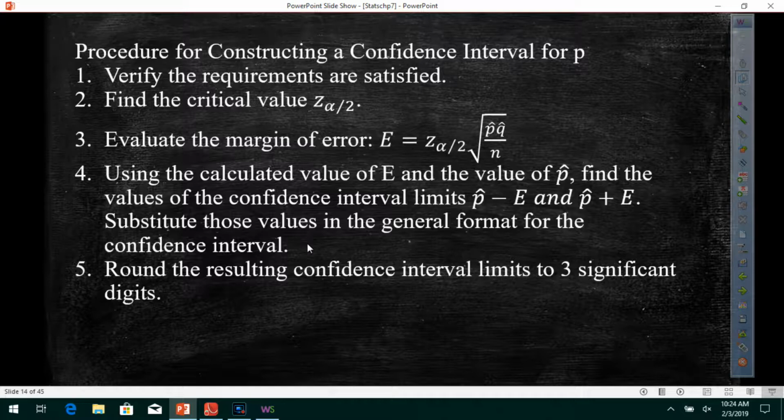Using the calculated value of E and the value of p hat, find the values of the confidence interval limits p hat minus E and p hat plus E. Substitute those values in the general format for the confidence interval. Round the resulting confidence interval limits to 3 significant digits.